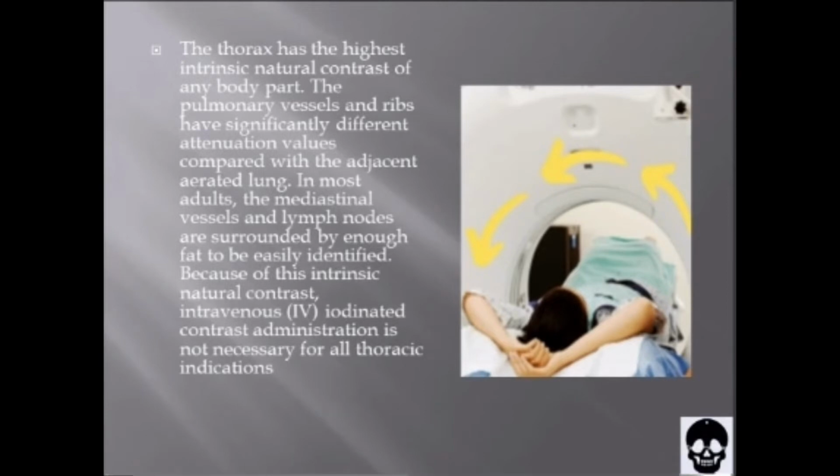The demarcation of the esophagus and the gastroesophageal junction can be improved by giving the patient an oral contrast agent, most often a barium suspension, shortly before beginning the scan, but this is not necessary for most thoracic CT examinations.